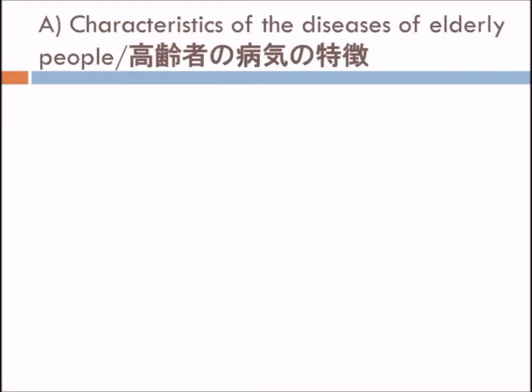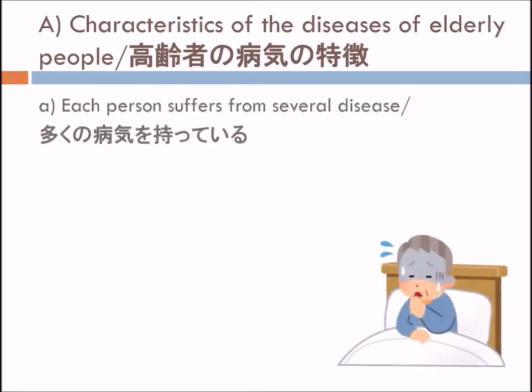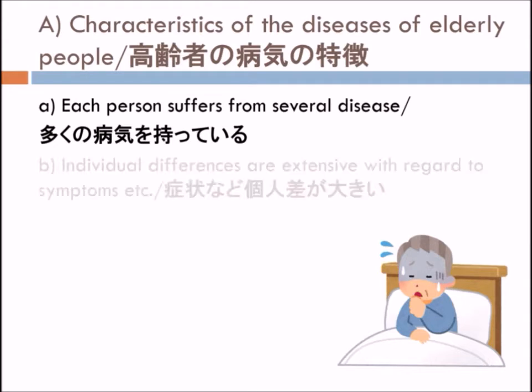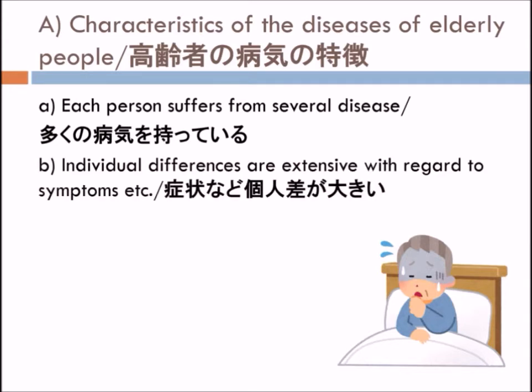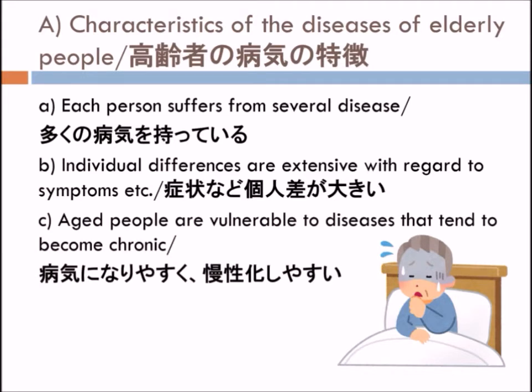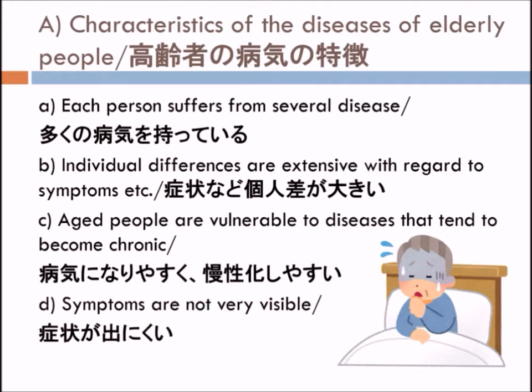Characteristics of the diseases of elderly people. Each person suffered from several diseases. Individual differences are extensive with regard to symptoms, etc. Aged people are vulnerable to diseases that tend to become chronic. Symptoms are not very visible.